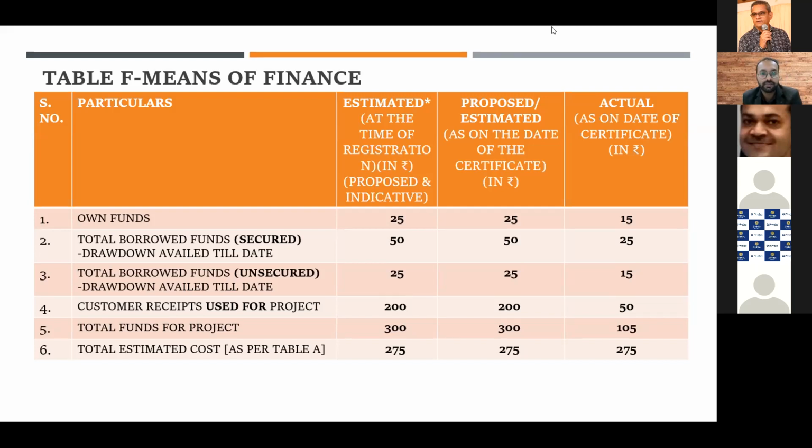Yeah. In that, point number 6, correct. 275 cannot be estimated. It has to be actual because I have to compare actual with actual. Correct. So that needs to be only the amount of what they have done. Total cost के जगह पे उन्होंने estimated word ही डाला. So again, there is a confusion here.